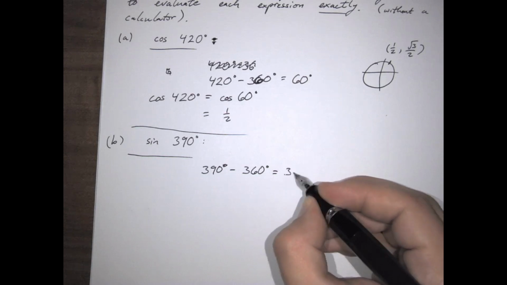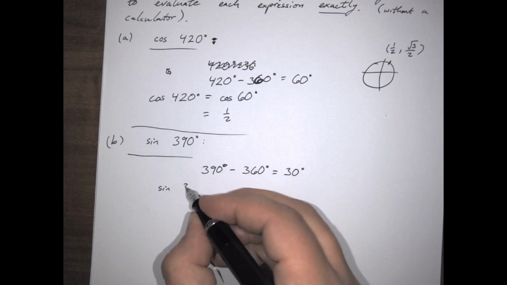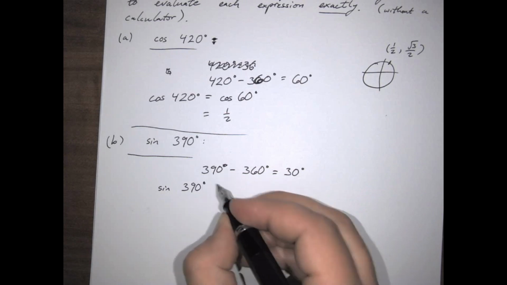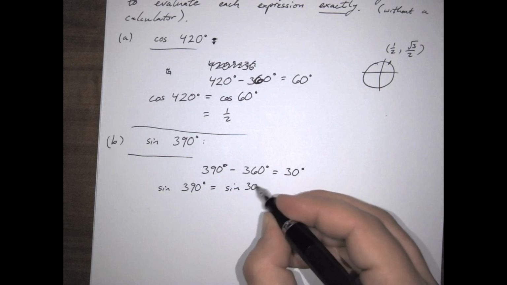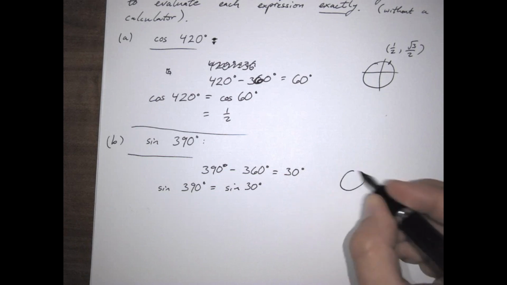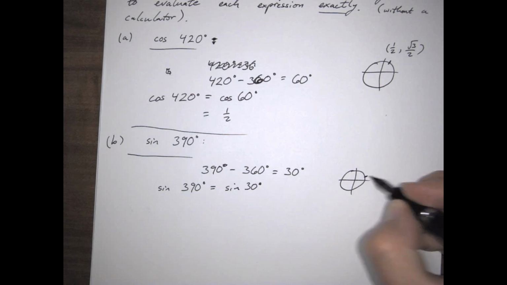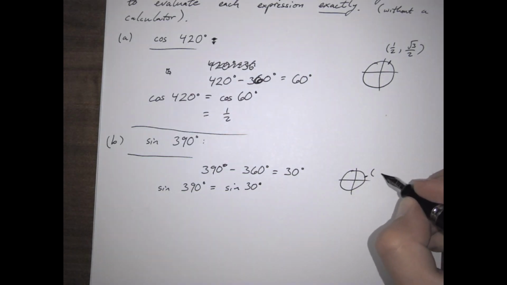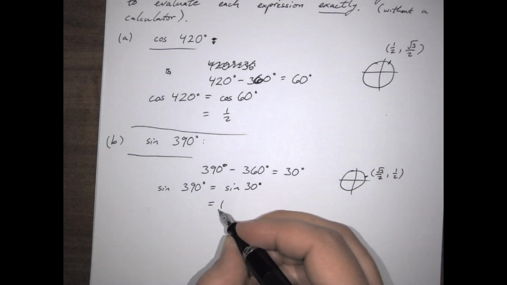So this is just 30 degrees, which means the sine of 390 degrees equals the sine of 30 degrees. That's an angle we have experience with from the unit circle, a little on the lower side. So the x is the bigger value, root 3 over 2, and the y is the smaller value, 1/2. So that equals, again, 1/2.